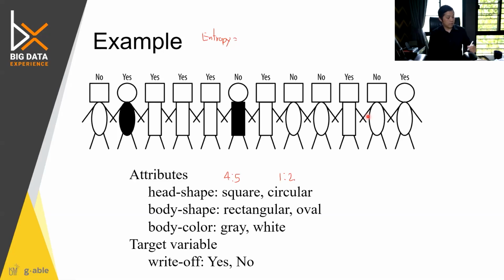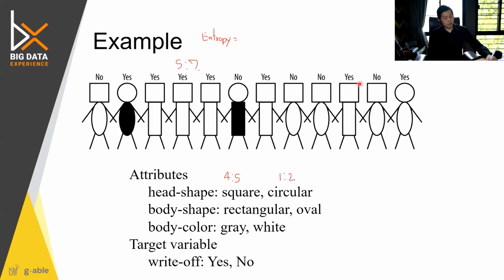That means we need to find the proportion here first. How many no and yes do we have? 1 no, 2, 3, 4, 5 no. And how many yes? 1, 2, 3, 4, 5, 6, 7. So the proportion is 5 to 7.